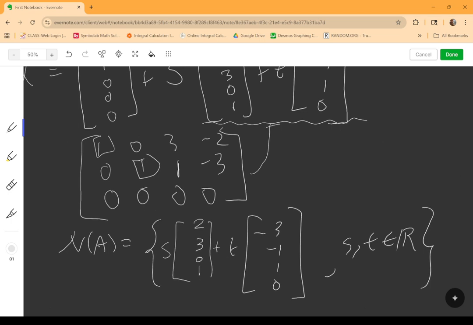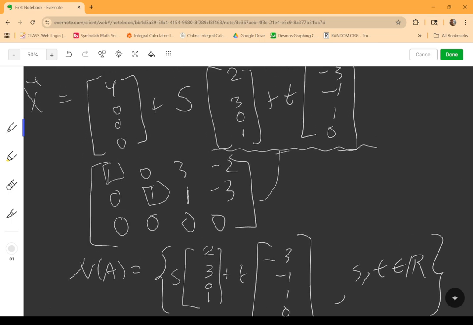We can see that the theorem here is illustrated in this form of a solution, where we have W to be a solution, and then the other part of the solution, s and t, is just an element of the null space.